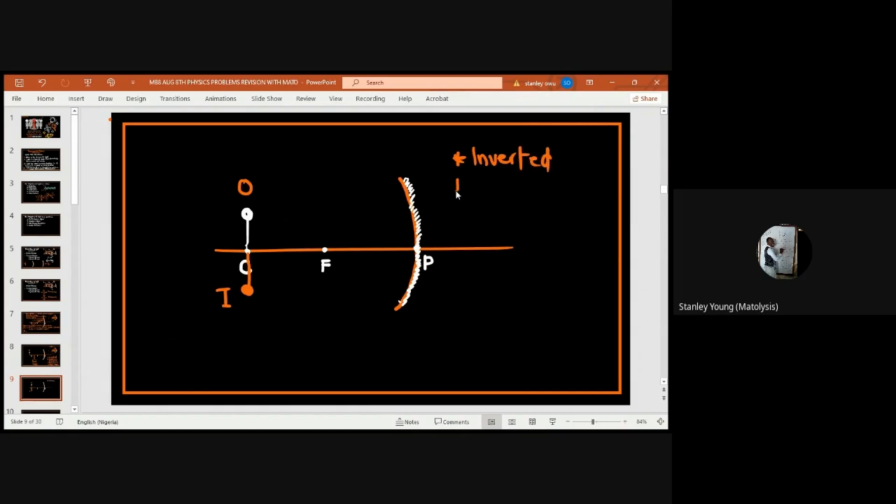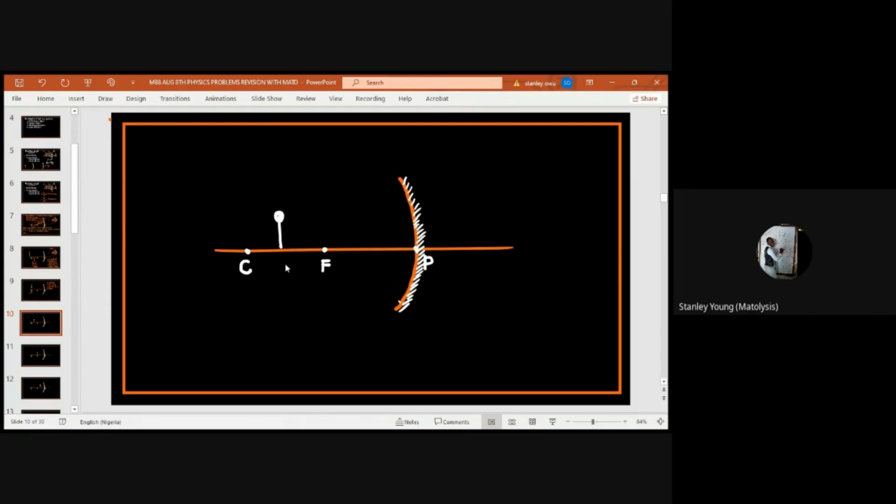Number two, talking about the size, it is the same size as the object. Number three, talking about the position, it is formed at the center of curvature, meaning it's formed back at the center of curvature. Then talking about the nature, it is real. Why is it real? Because it is formed on the side of the observer.